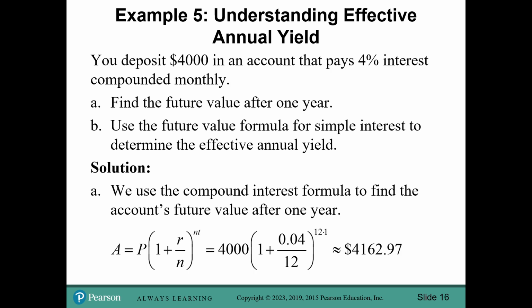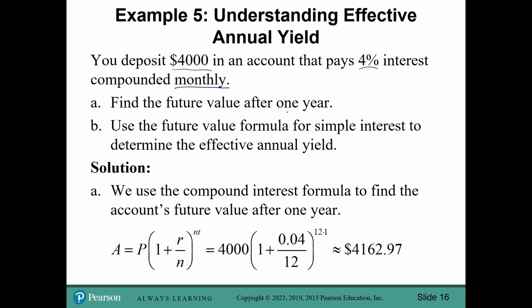So let's look at it. We're going to use the compound interest formula to find the account's future value after 1 year. Right? That is A equals P times (1 plus R over N) raised to the NT. All right. We know that our P here is that 4,000. We know that our rate is 4%, and we're compounding monthly.